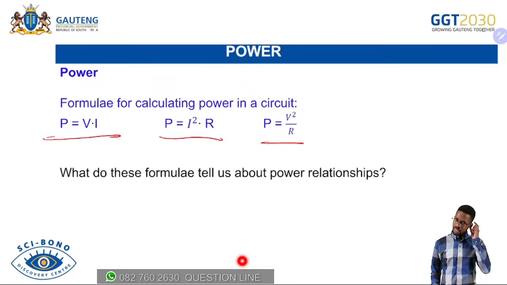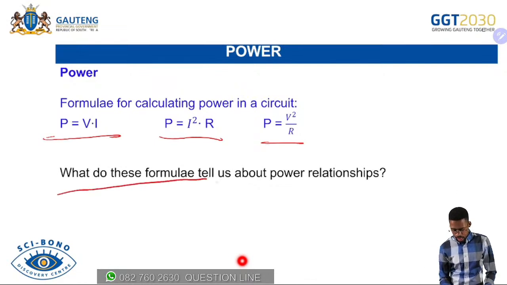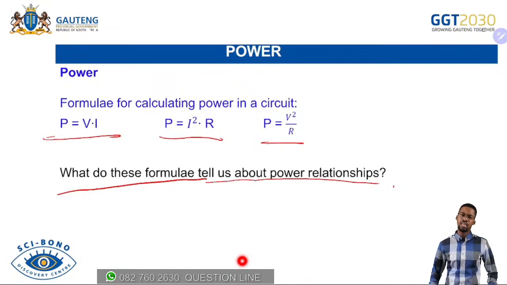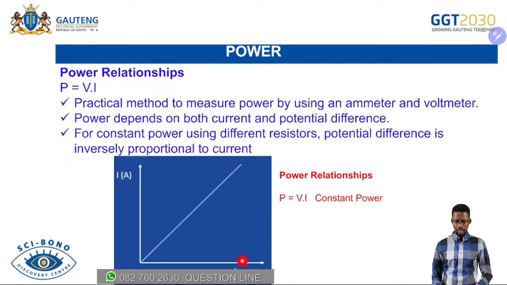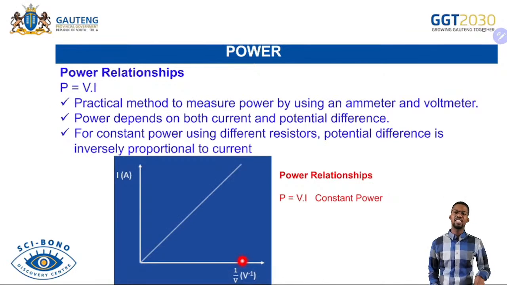But here is a question. What do these formulas tell us about power relationships? Let's look at the answer. Let's start with the first formula, which says power is the product of potential difference and current.